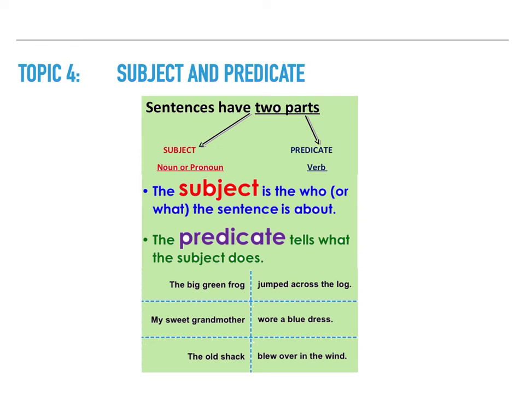My sweet grandmother, this is your subject, and if you separate it from the rest of the sentence, the remaining is wore a blue dress. So this wore is again a verb, wore a blue dress is your predicate. The old shack blew over in the wind. So blew over in the wind is your predicate here.